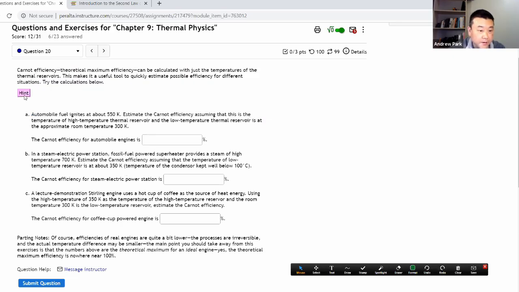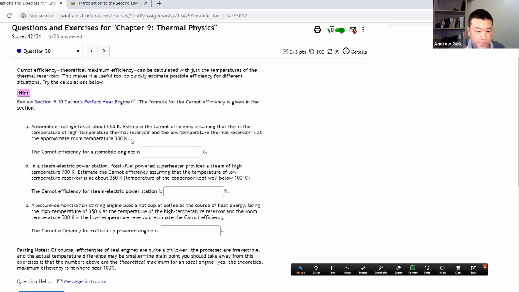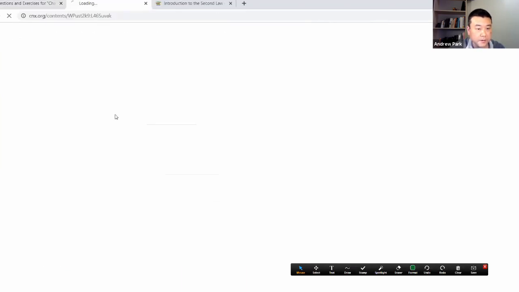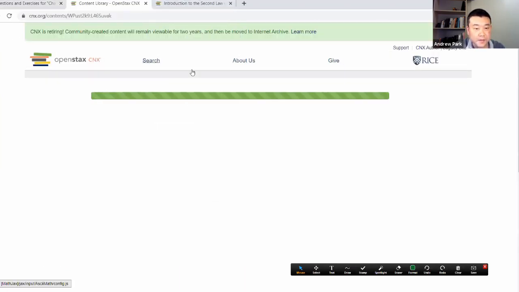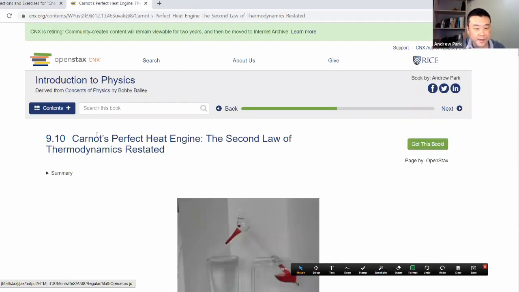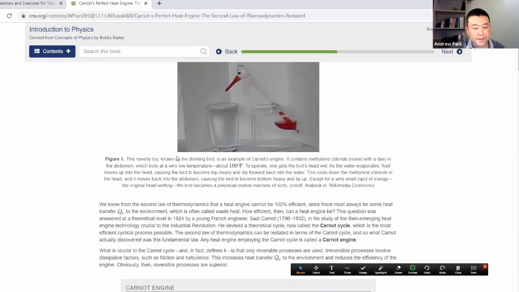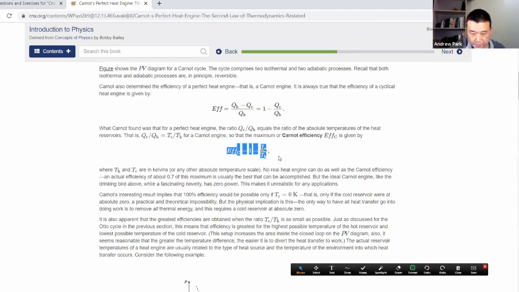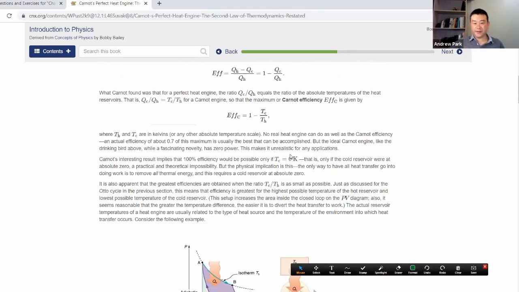Yeah, I think this is actually exactly what it's talking about. And here, all you really have to use is the formula for Carnot efficiency. I hope you will read through this section and try to make sense of that. For the purpose of homework, really all you need is this. So let me just write that down and use it.